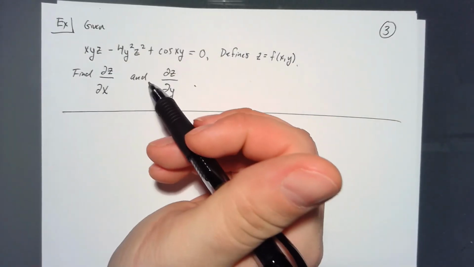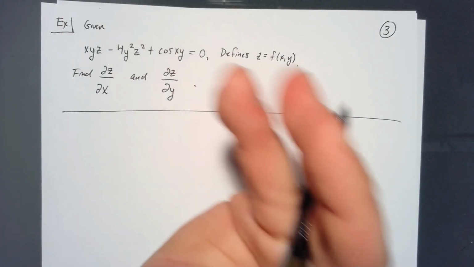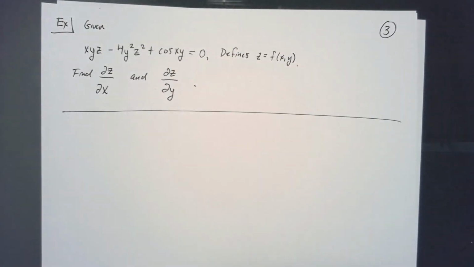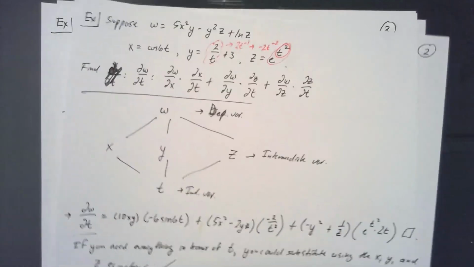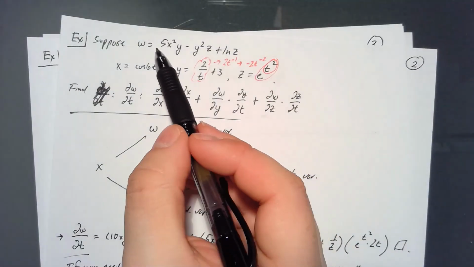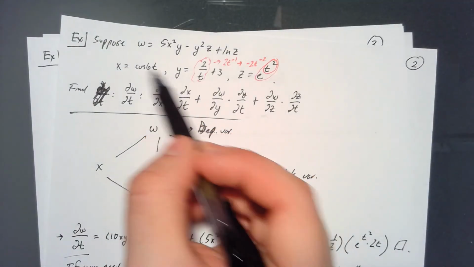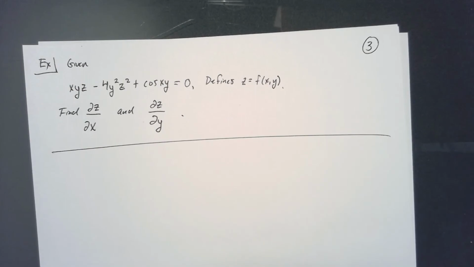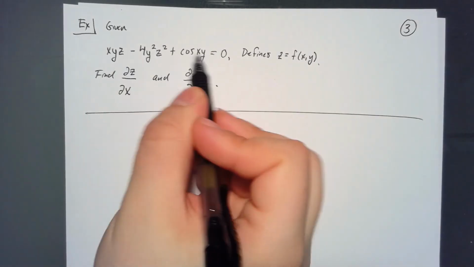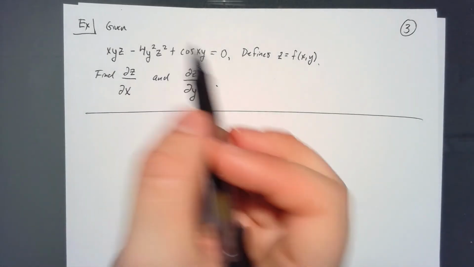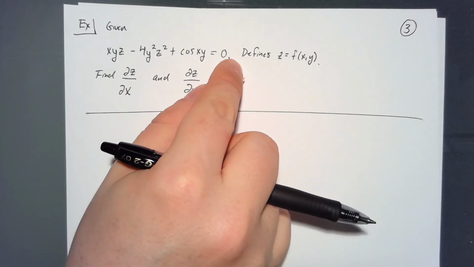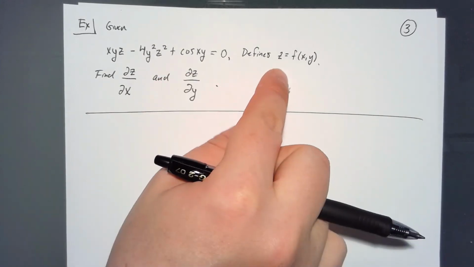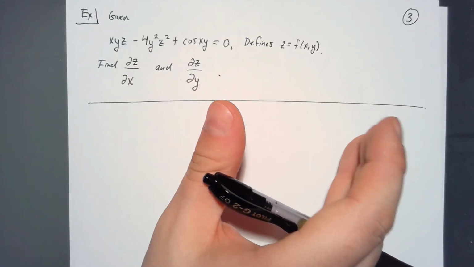You don't have an explicit function like earlier in the notes, right? For that example, these variables were defined explicitly. They were solved for a particular variable. This function is implicitly defined. It's not solved for a particular variable, but since it's equal to 0, I could use implicit differentiation.